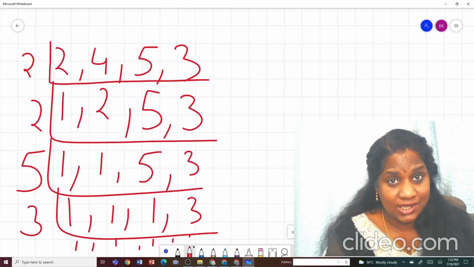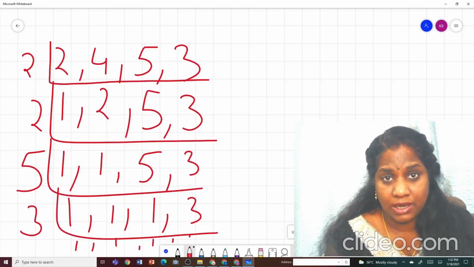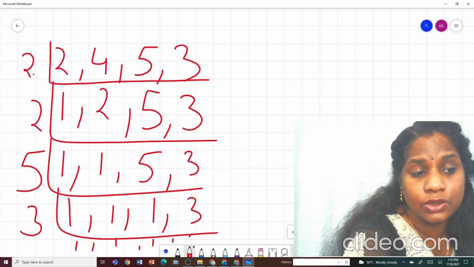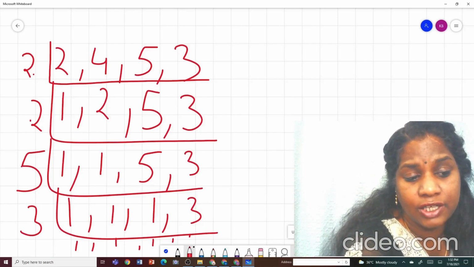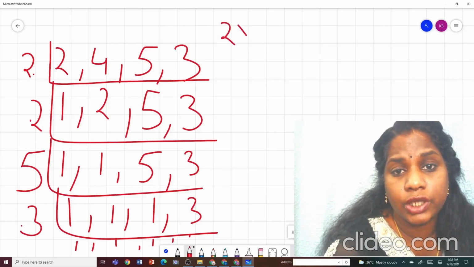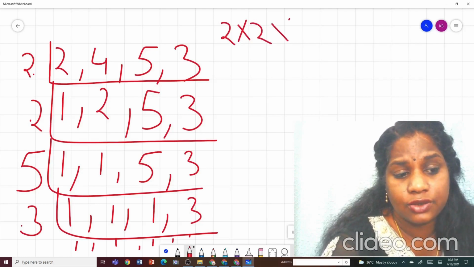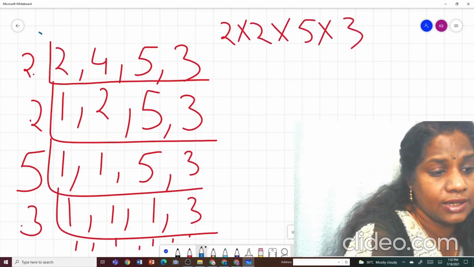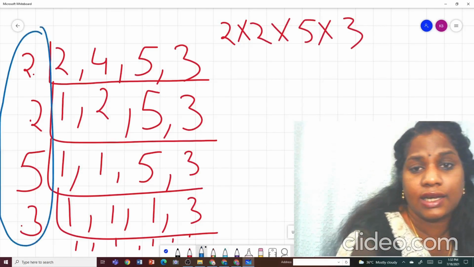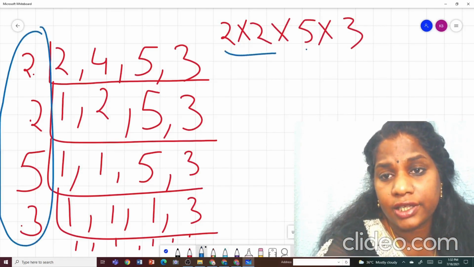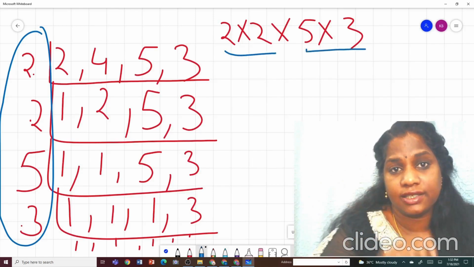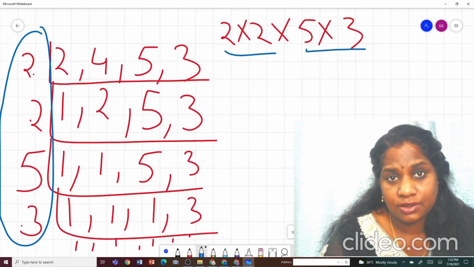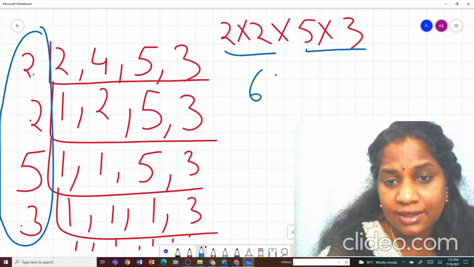So what is the next step? I will multiply 2 into 2 into 5 into 3. 4 into 15 is how much? 60.